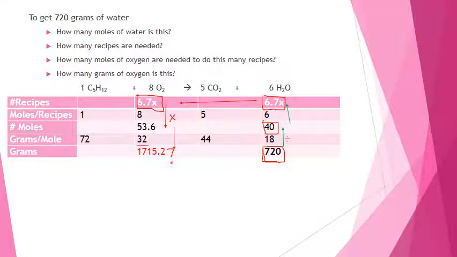I do that 53.6 times, and that'll give me 1715.2 grams of oxygen. So I need 1715.2 grams of oxygen to make 720 grams of water. Okay, study what we're doing here. So we started here and we want to end up here.